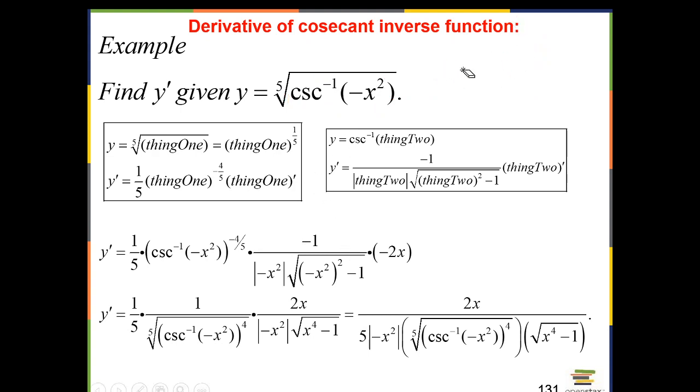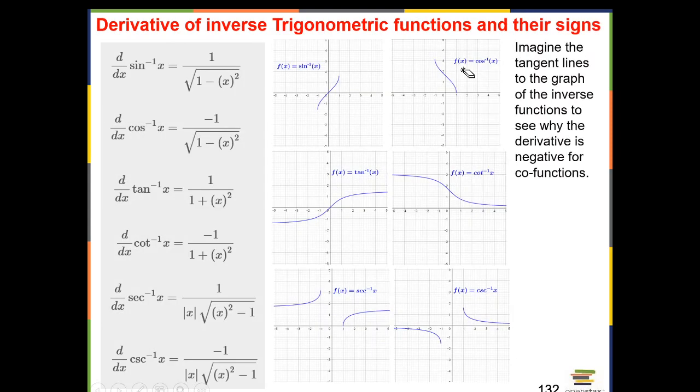So we got the inverses under control. These are the graphs of them. So derivative of sine inverse equals to that. And we got the derivative of sine inverse here. Right, this is sine inverse. Right? So derivative is positive always. Now think of the slope of the tangent line for this graph is always positive, and that's why derivative is always positive.